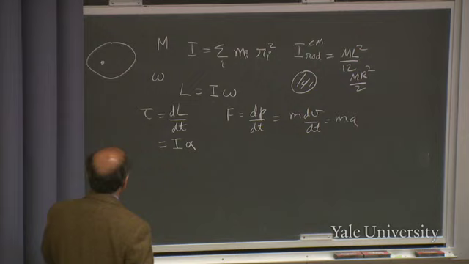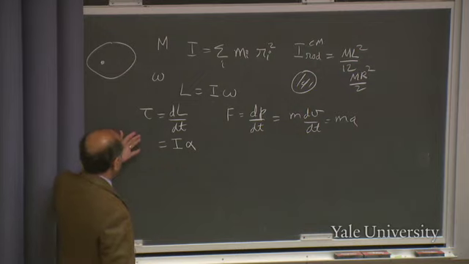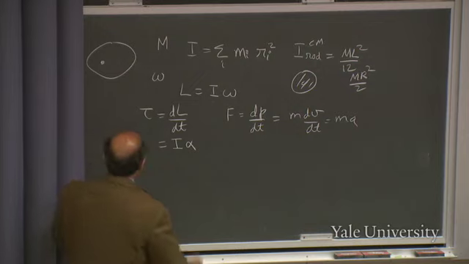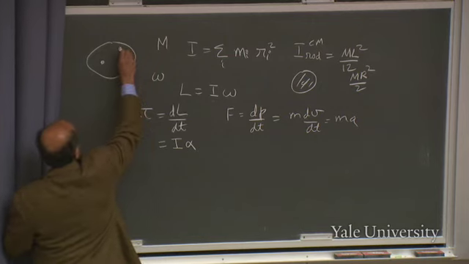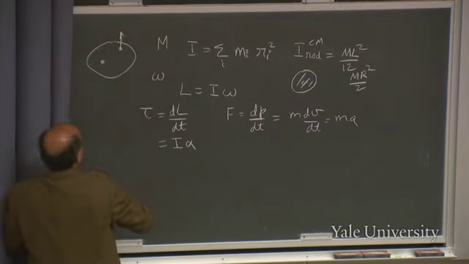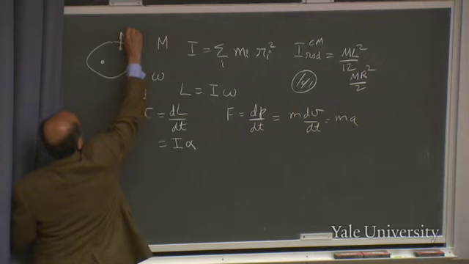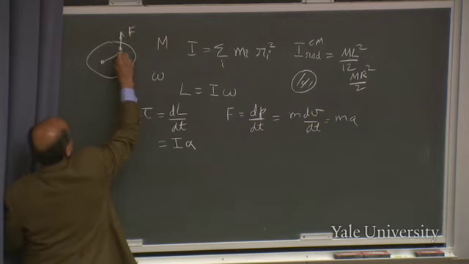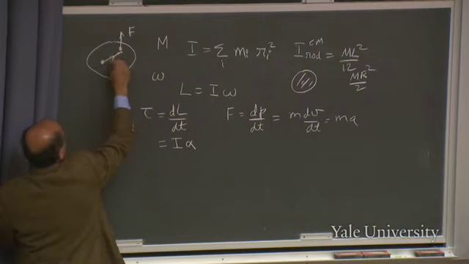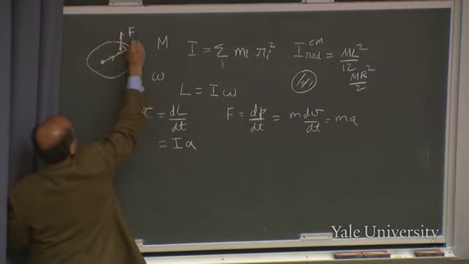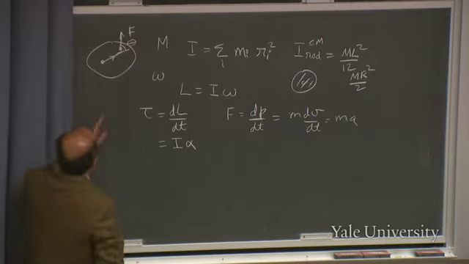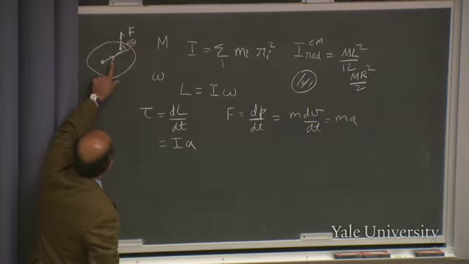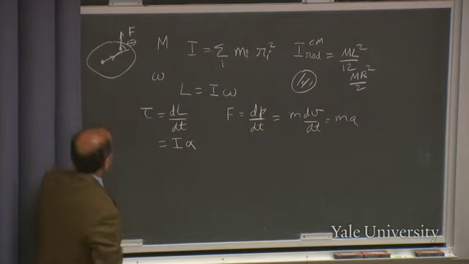Last thing I have to tell you is, what is the torque, or the total torque on a body? Well, if there is a force, for example, acting in that direction, let me just take one force, then it's separated by a distance r, or a vector r, from the point of rotation. Define that angle theta as the angle between this separation vector r and the applied force.